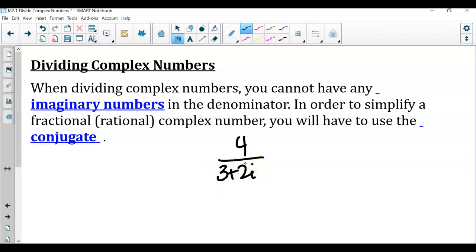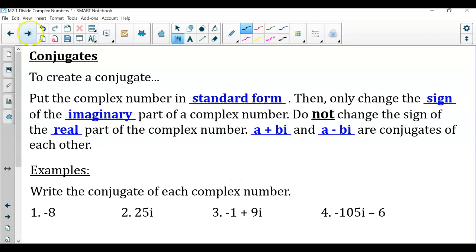So in order to simplify this and actually be able to divide, we're going to use what is called the conjugate. But what is the conjugate? First off, you have to make sure that the complex number is in standard form, where you have a plus bi or a minus bi.